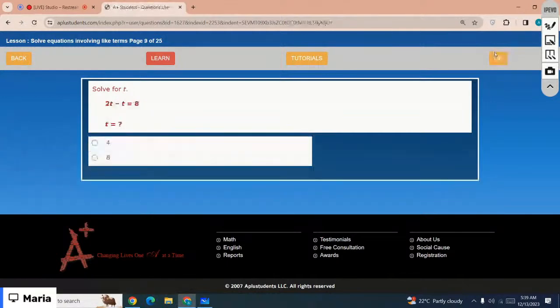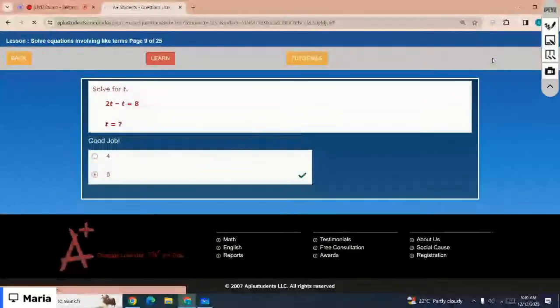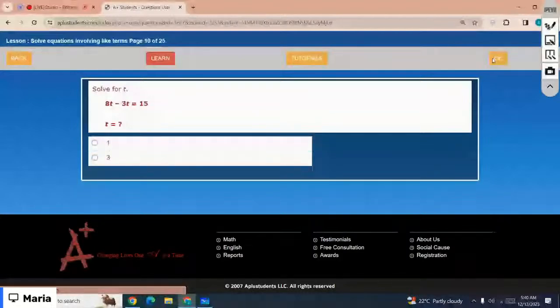Okay, solve for t. 2t minus t equals 8. So which is the correct option? It is 8. The correct option is 8. Okay, the next one is 8t minus 3t equals 15.